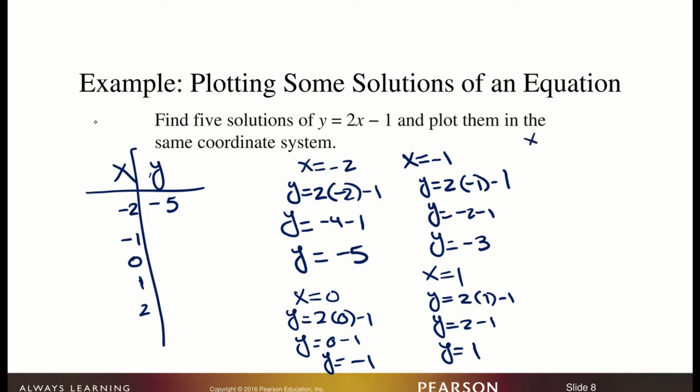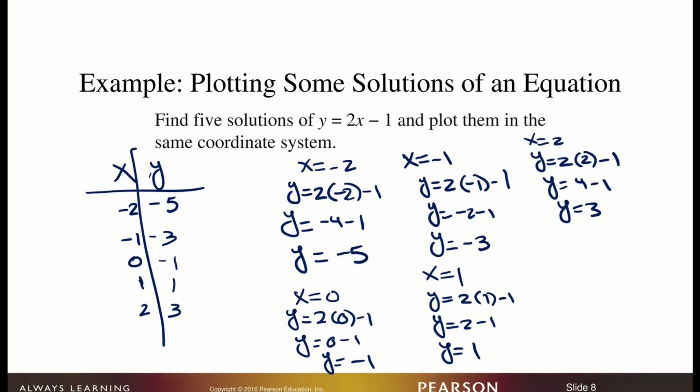And when x is 2, we get y equals 2 times 2 minus 1. So we get y equals 4 minus 1, or y equals 3. So for -1, we can put -3 in here. For 0, -1. For 1, we put 1. And for 2, we put 3.